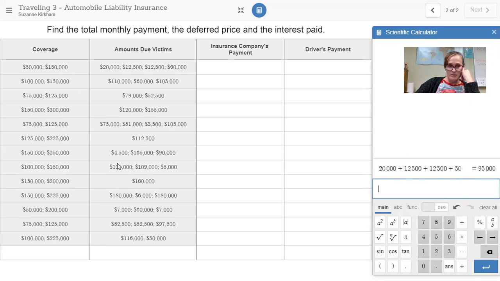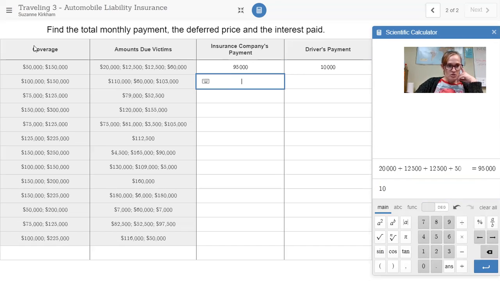And that equals $95,000. So that's the total amount that the insurance will pay, $95,000. And then we have to put how much the driver has to pay. The driver has to pay the $10,000 that is left over from the 60,000.